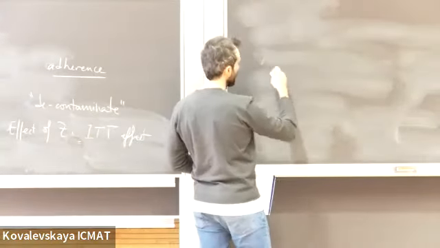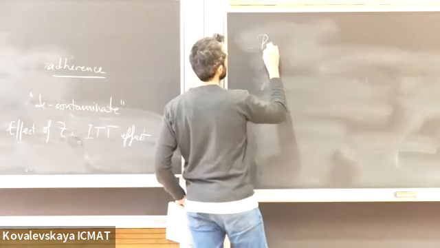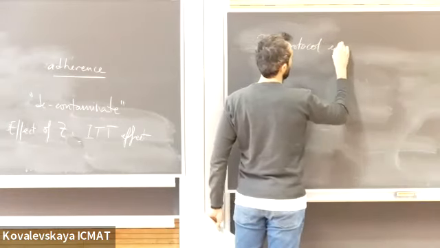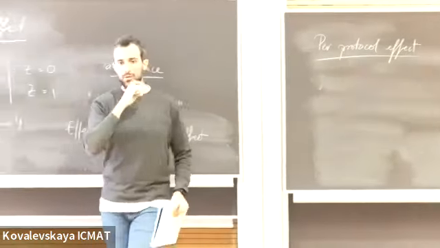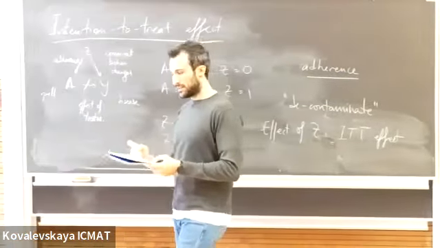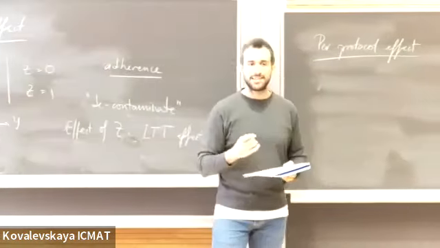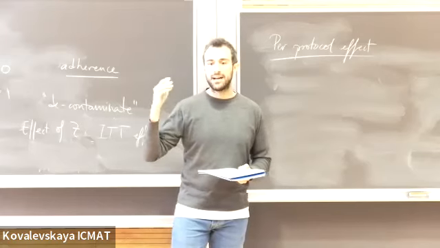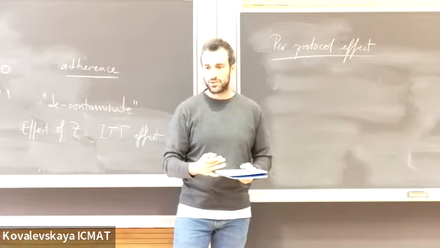So one concept that is strongly related to this is the per protocol effect. And the per protocol effect is fairly simple, I would guess. The per protocol effect is what is the effect of the treatment had everybody adhere to the assigned value of the treatment for every single patient.